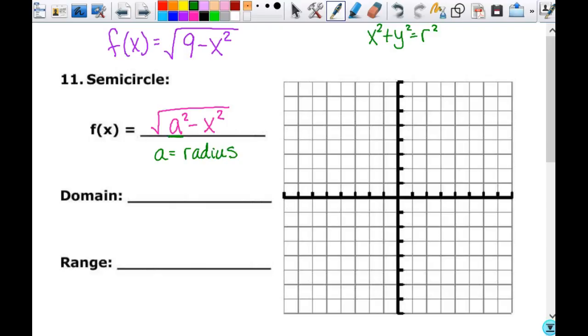The actual standard form of a circle is x minus h squared plus y minus k squared equals r squared. The h and the k are the center point. Well, the center is at 0, 0. So when you do this little chart, just 3 values, we're going to use -3, 0, and 3.